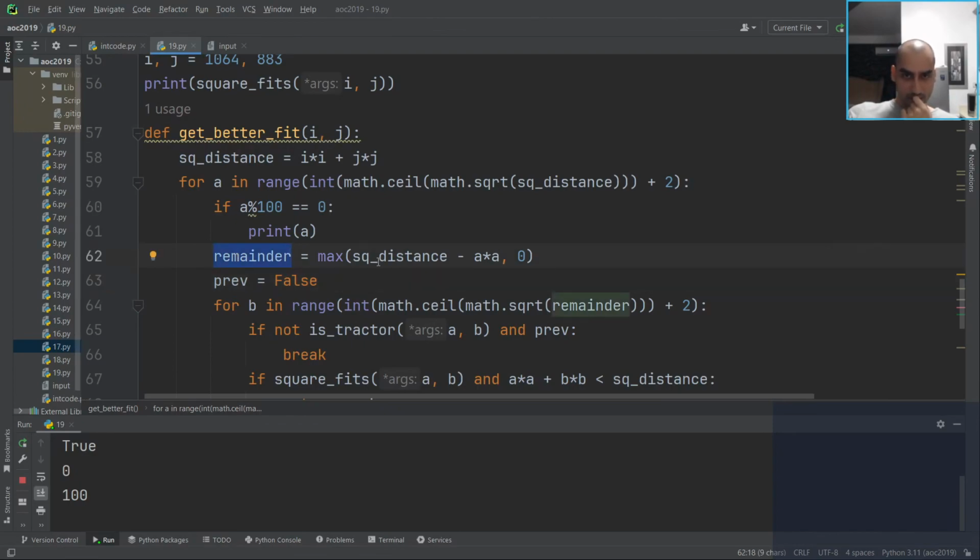Remainder equals your square distance minus a times a. And if it's negative for some reason, then why would it ever be negative? Okay, so then b, taking that remainder, letting b range up to and including that.